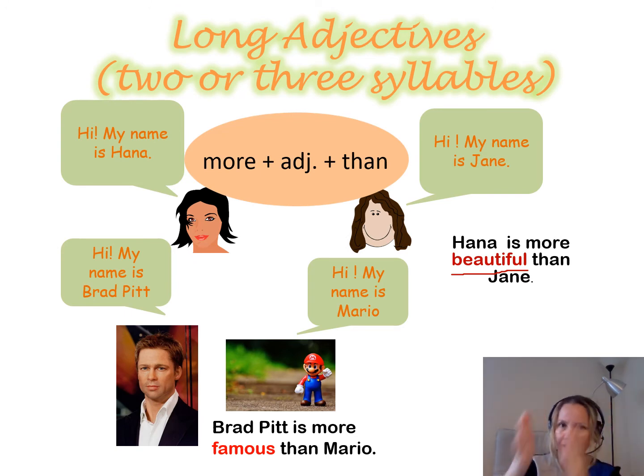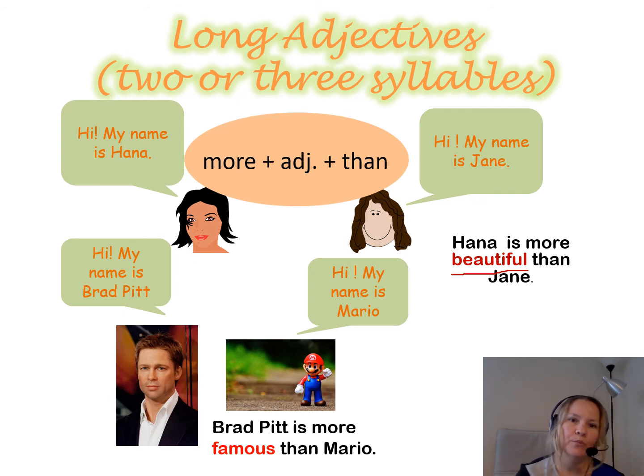You just break it into chunks, little parts. Beautiful, okay? But when we used tall, it was a short word and it was 1 syllable, but these are long ones. With the long adjectives, the rule is different.